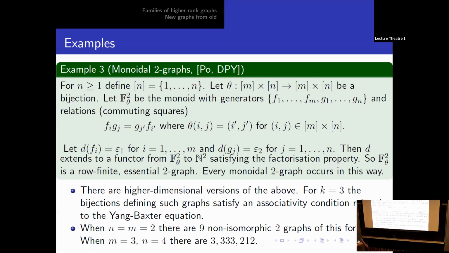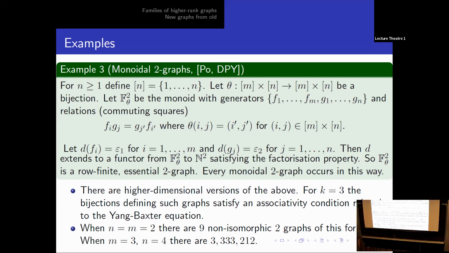And so you very quickly run into a brick wall, because to find a free graph of such a thing, you've got to solve Yang-Baxter equations. So good luck with that. But I'll indicate ways of cheating maybe later on.